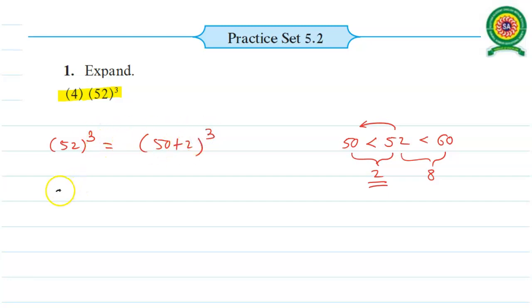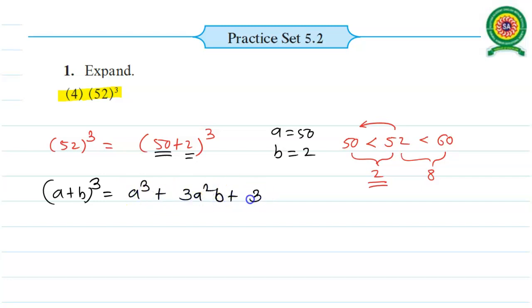Now let's try to compare it with (a plus b) the whole cube, so that now we are having a value as 50 and b value we have is 2, and the expansion of (a plus b) the whole cube is of the form a cube plus 3a square b plus 3ab square plus b cube.